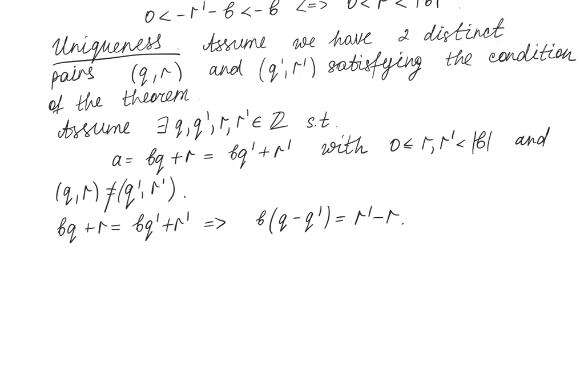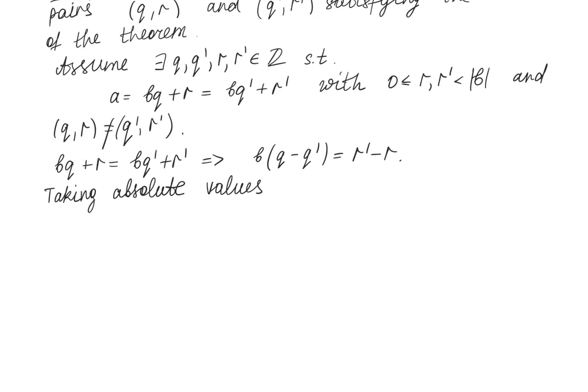And taking absolute values, I get this: absolute value of b times q minus q prime equals absolute value of r prime minus r.